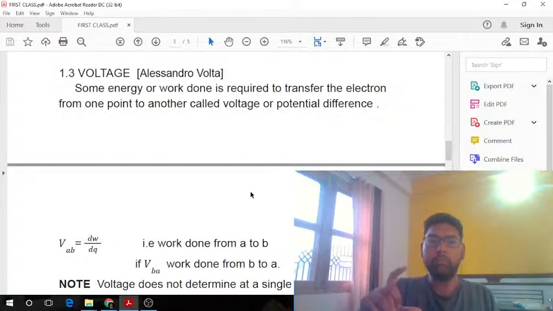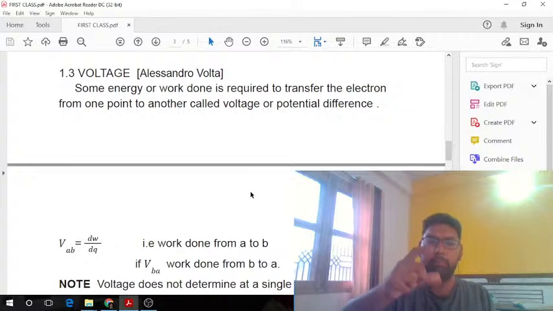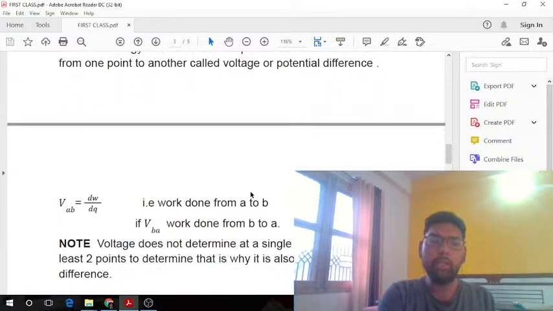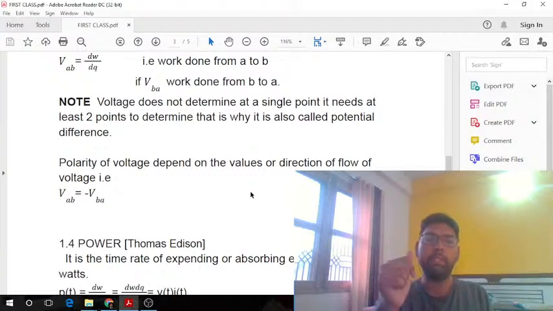That is the work done from A to B. If the value is reversed, then VBA means the work done by the charged particle from B to A. And one point must be noted that VAB is equal to minus of VBA.